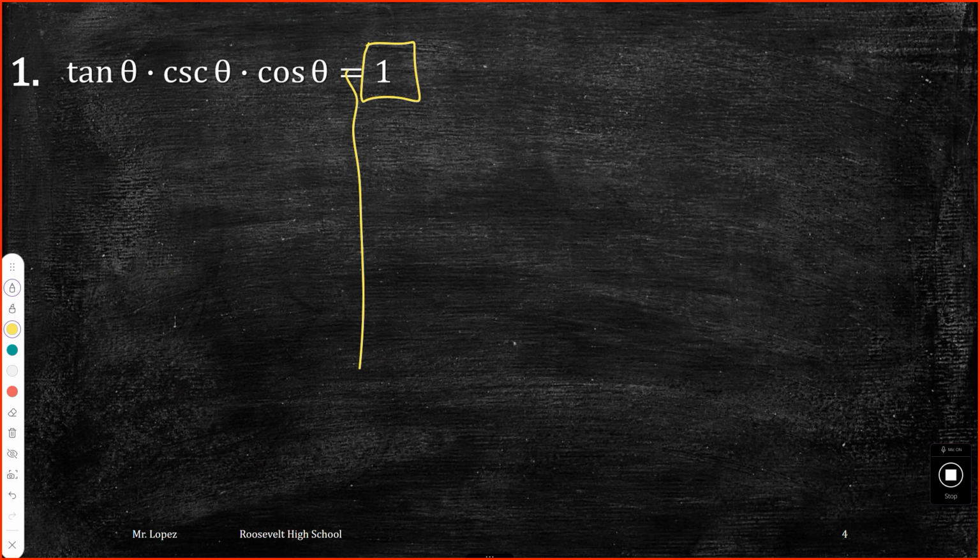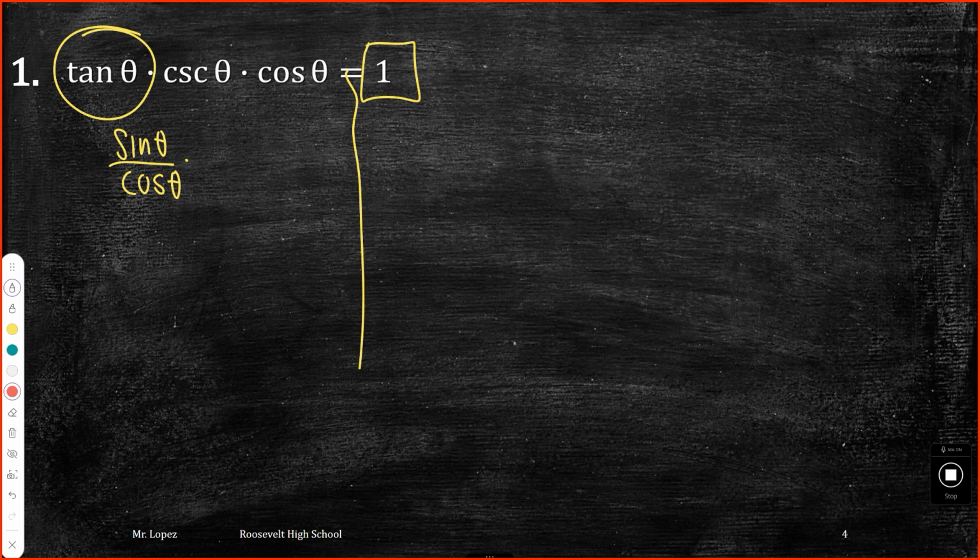So let's do that. Okay, here we go. Let's follow the suggestion. I'm going to see if I remember the suggestions. Suggestion 1 for tangent theta. What was suggestion 1? Change it to sine theta or cosine theta. Continue on.